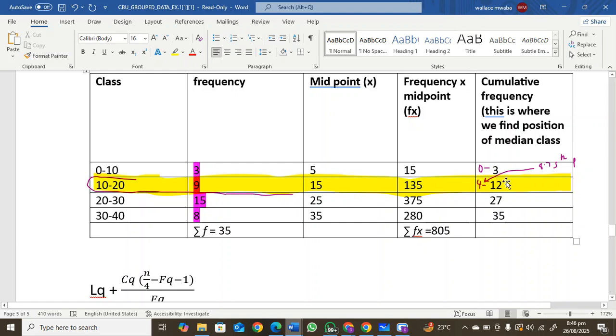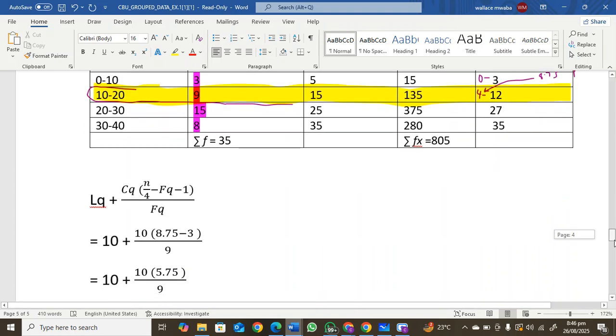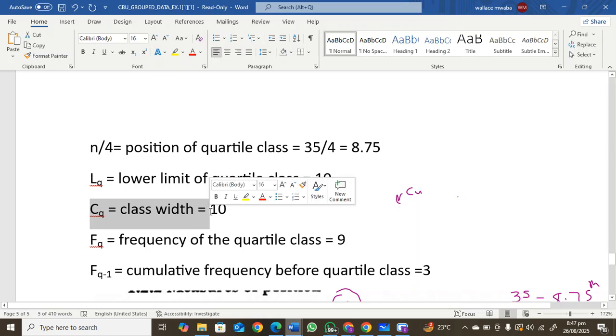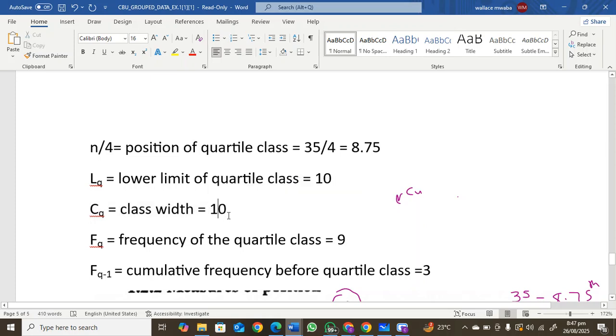Is that okay up to this point? If there are any questions, feel free to ask. Once you've determined the lower quartile class, you just need this information. The lower limit of the quartile class is 10. The class width, CQ, is 20 minus 10, that is 10.